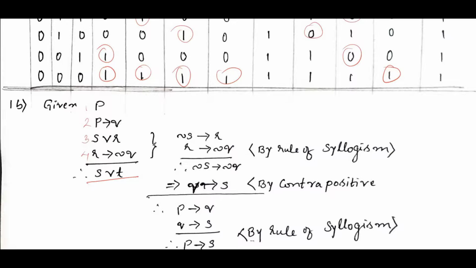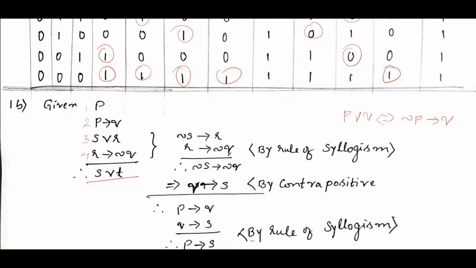When I consider 3 and 4, I will apply the conditional law for step number 3. S disjunction R is nothing but, you know that negation of P disjunction Q is logically equivalent to, we can write this as negation P implies Q. Using this law, I can write S disjunction R as negation S implies R. And I have retained the fourth one as it is.